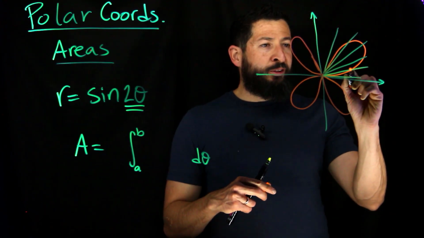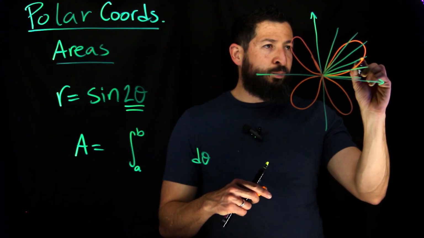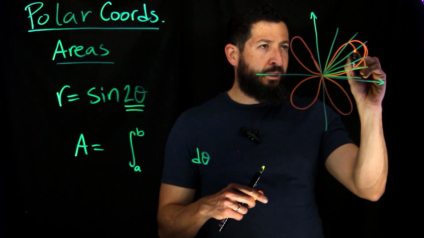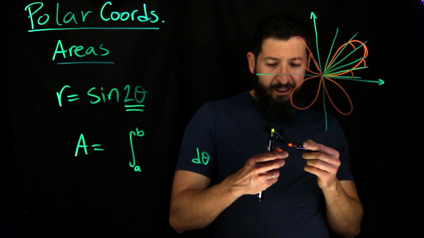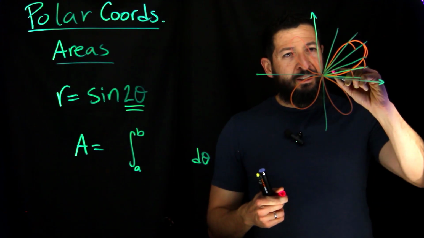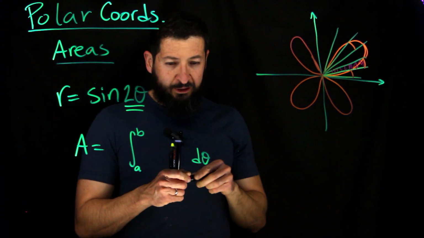A way to approximate this would be by calculating the area of the sector on each one of these endpoints. With the area of the sector, you can then compute each one of these little areas. So what would each area look like?